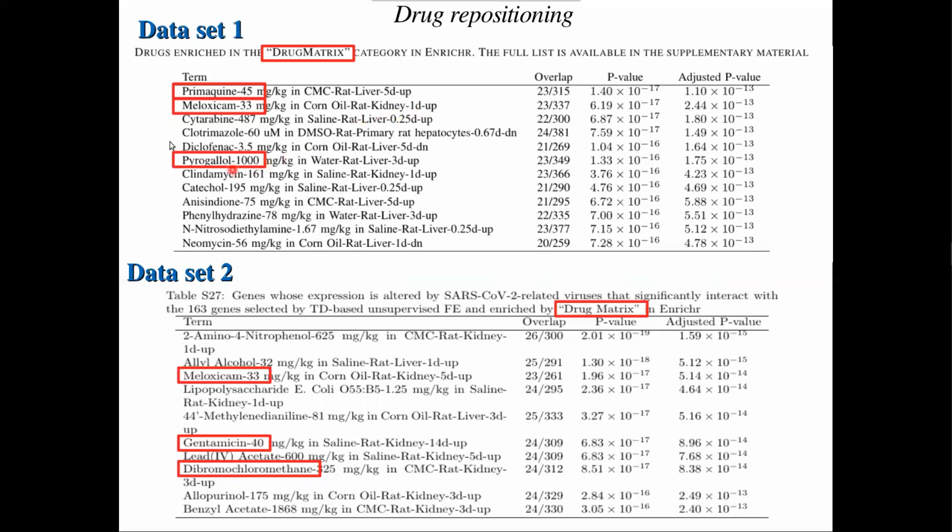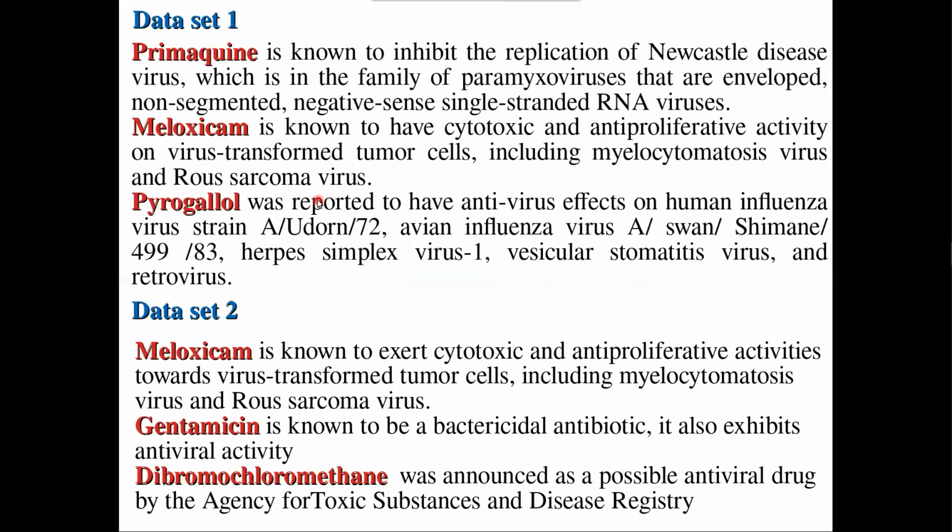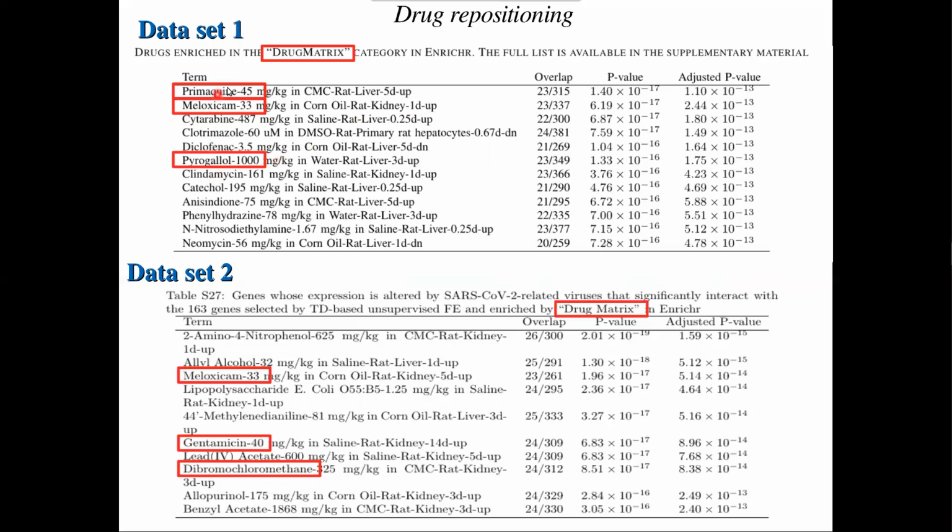And we found these 3 antivirus compounds. Unfortunately, we don't have enough time to explain what these antivirus compounds are, but these 3 compounds significantly affect the expression of the genes we have selected.